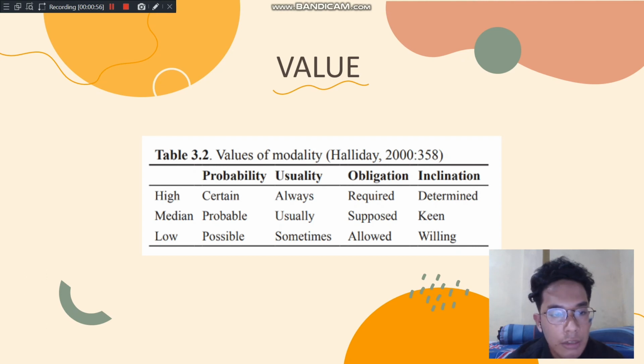In the obligation type of modality, which is represented by B, allowed to, accordingly, will, and should express medium value of this type, which is then represented by b equals 2, while a high value of this type is conveyed by must and ought to, like certain, always, require, and determine. It can be represented by be required to.